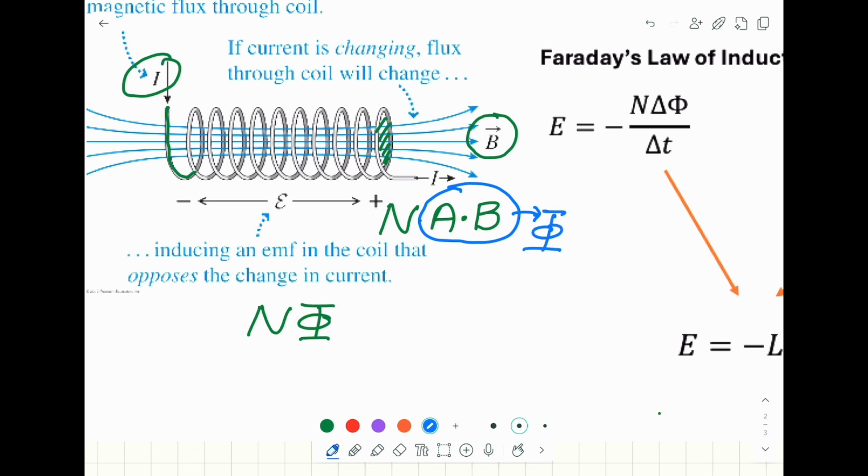Now, this magnetic flux within the coil must be proportional to the current. The higher the current, the stronger the magnetic flux. And this proportional constant is inductance. So this is our inductance.